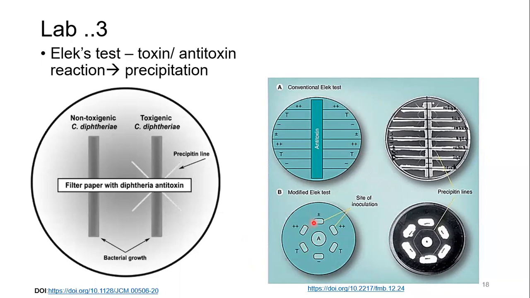And then for the modified, you have your antitoxin filter paper in the middle and your isolates on the outside. So again, here your tests are what you're testing for. These are your confirmed positives, and this is your confirmed negative.